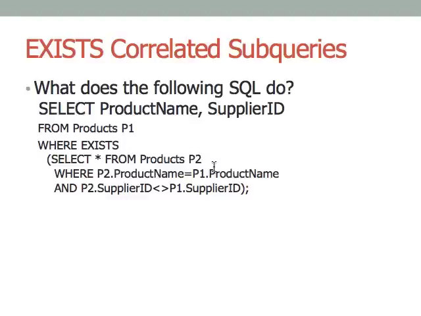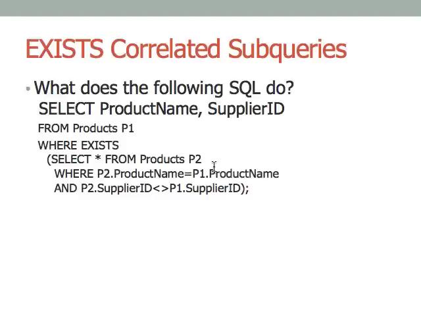That means if the inner query, or the subquery here, returns any result, the keyword any is important, exists will evaluate to true. If it gives no result, exists will evaluate to false. If exists evaluates to false, the where condition becomes false and nothing gets output.